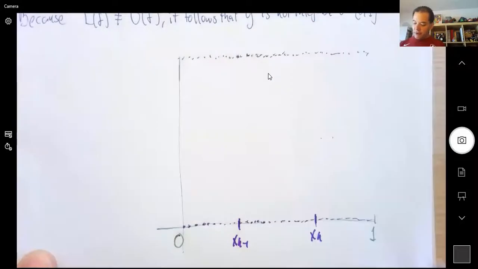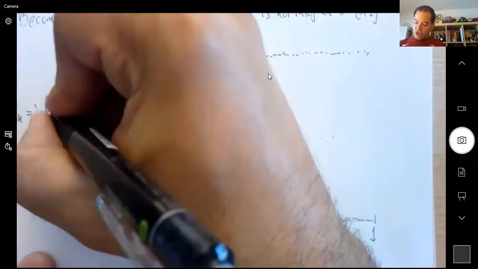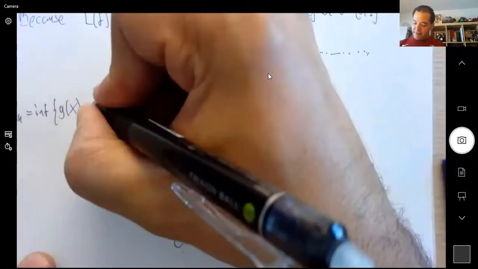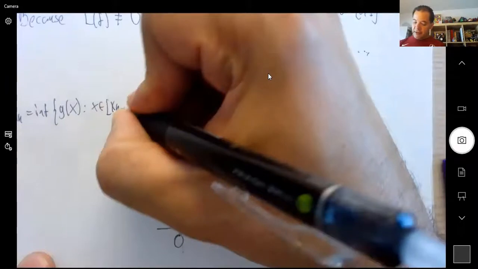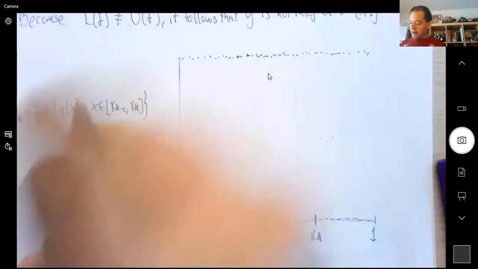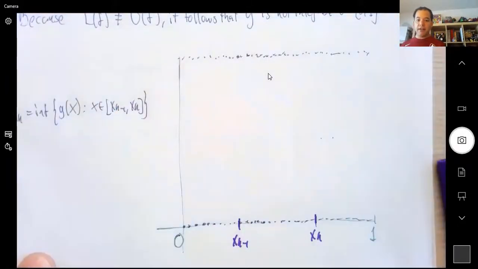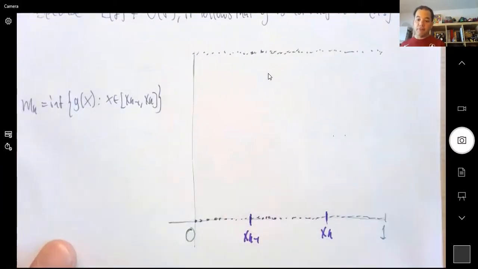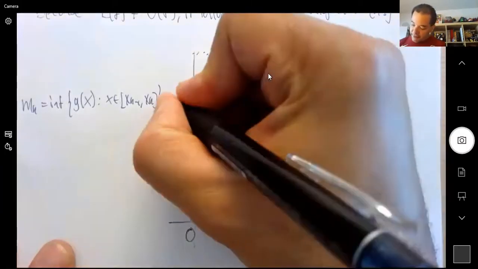So little m_k is the infimum of g(x) for the x's that are in [x_{k-1}, x_k]. And this set has zeros and ones. So what is the infimum of a collection of zeros and ones? It has to be 0.